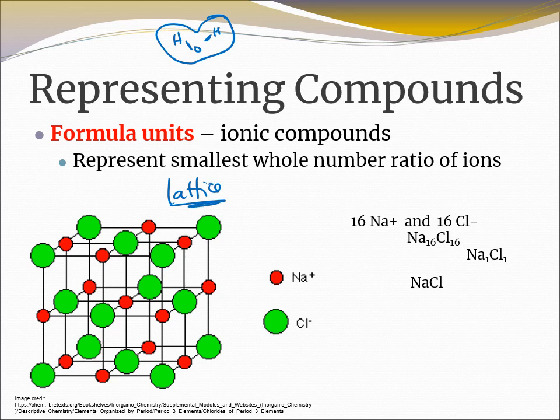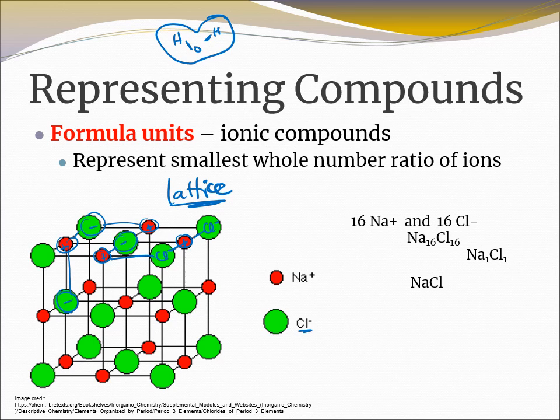And this idea of a lattice, that's L-A-T-T-I-C-E, this lattice structure, what happens is I have a chlorine anion, we're going to call it chloride, and it's going to be attracted to the positive sodium ion, which is also attracted to a negative chloride ion, which is also attracted to sodium, which is attracted to that negative anion, and then positive, and then negative, and then positive, and then negative, and it just keeps going on indefinitely.